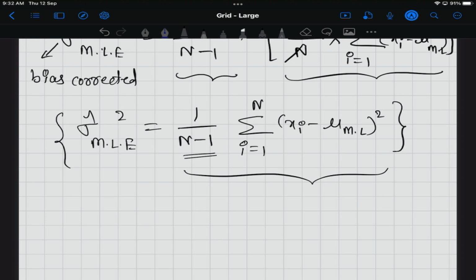Okay, is this fine? Now if you want to prove it again, do one thing: take this expression, apply your expectation, and verify whether it is equal to the true value or not. Whether it is biased or unbiased, apply expectation again, derive, and then see whether it equals the true value or not.